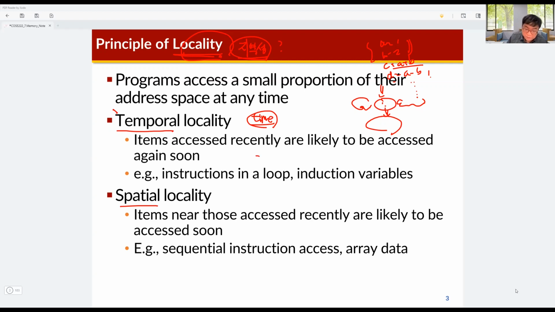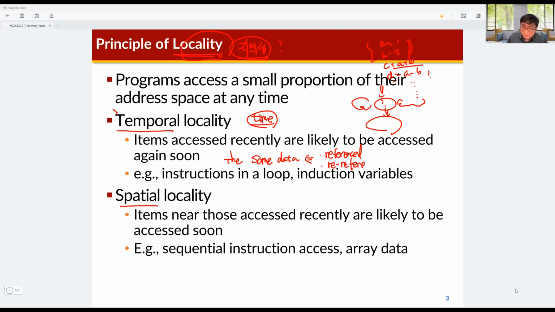The data is accessed, that means it is called referenced. So referenced means that a certain data is used by an application or a processor, and then the same data will be referenced again.